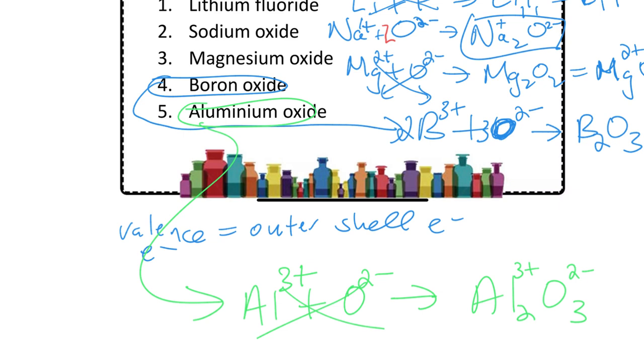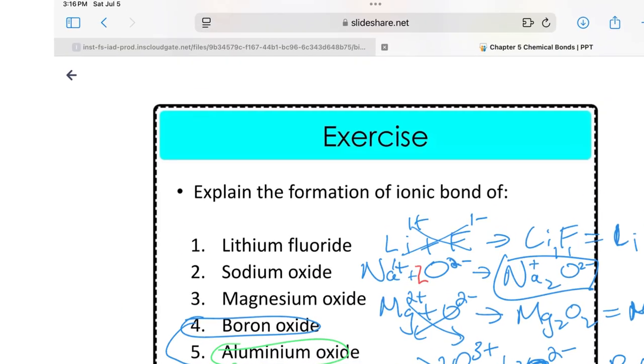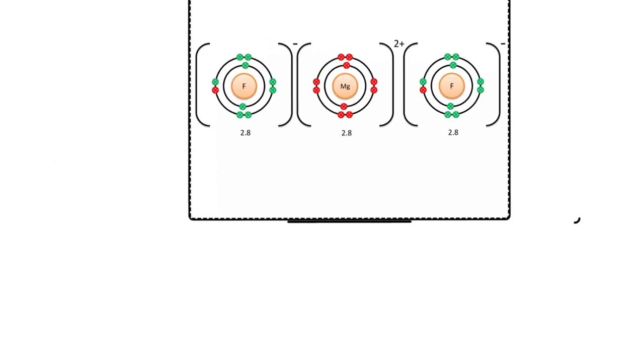Then I would just go back and put a 3 to balance the equation, which you're not even going to have to worry about. You probably just have to figure out what the subscripts are. We don't have to draw these pictures to explain what I just showed by the shortcut, but it's good to know what's really happening when an ionic bond forms.